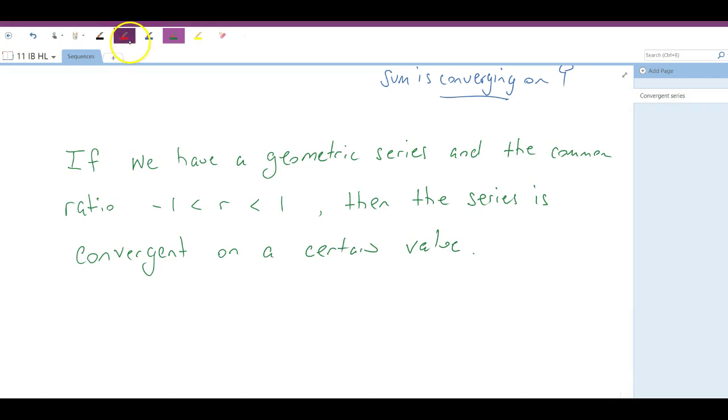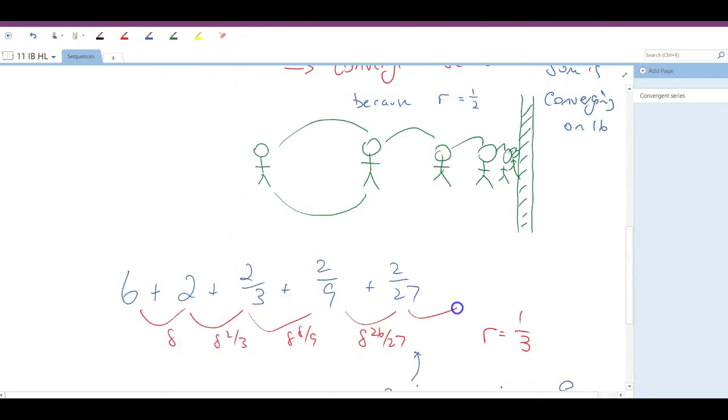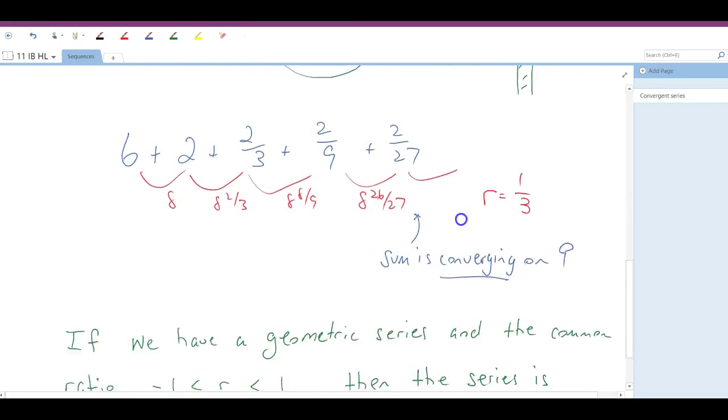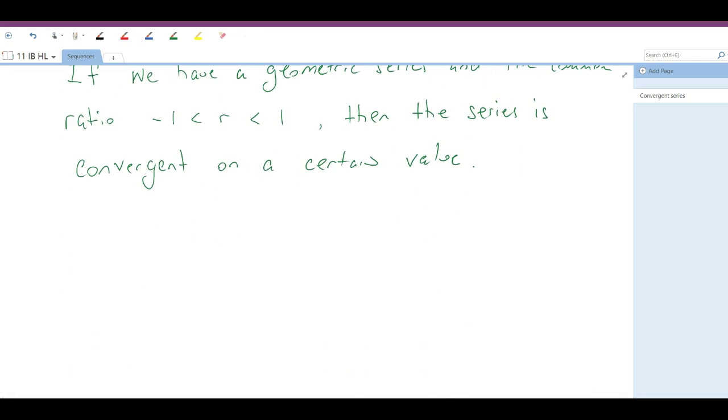So let's have a look at, well, we've looked at a couple of examples and we can see what's going on, but let's see how we can perhaps develop this into a formula. So now we know that the sum to n terms is equal to u1 by 1 minus r to the n over 1 minus r.